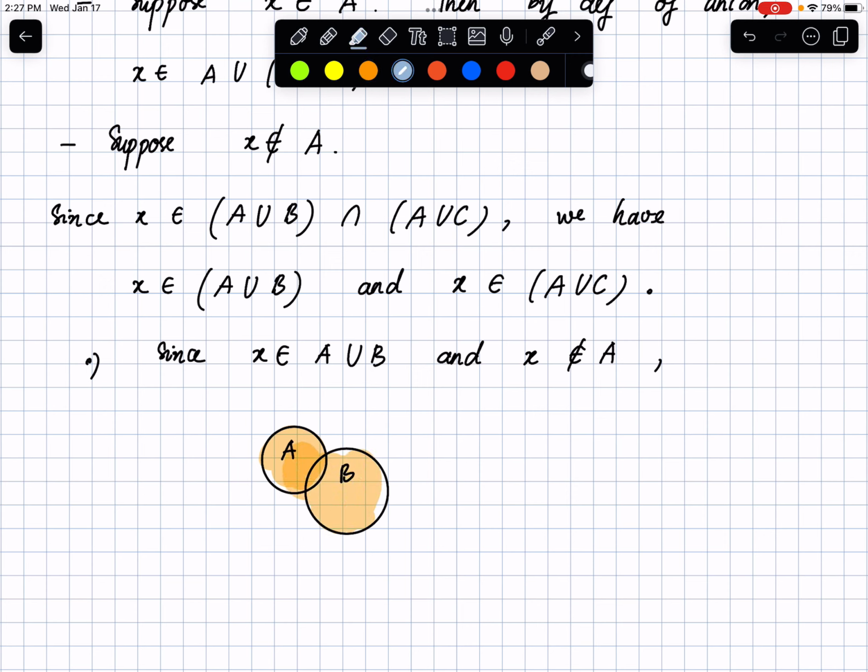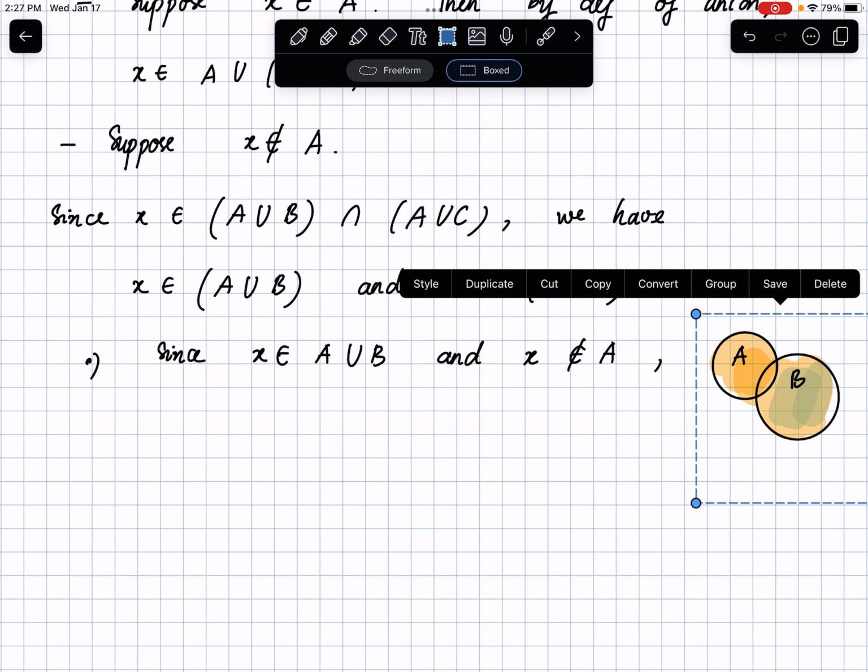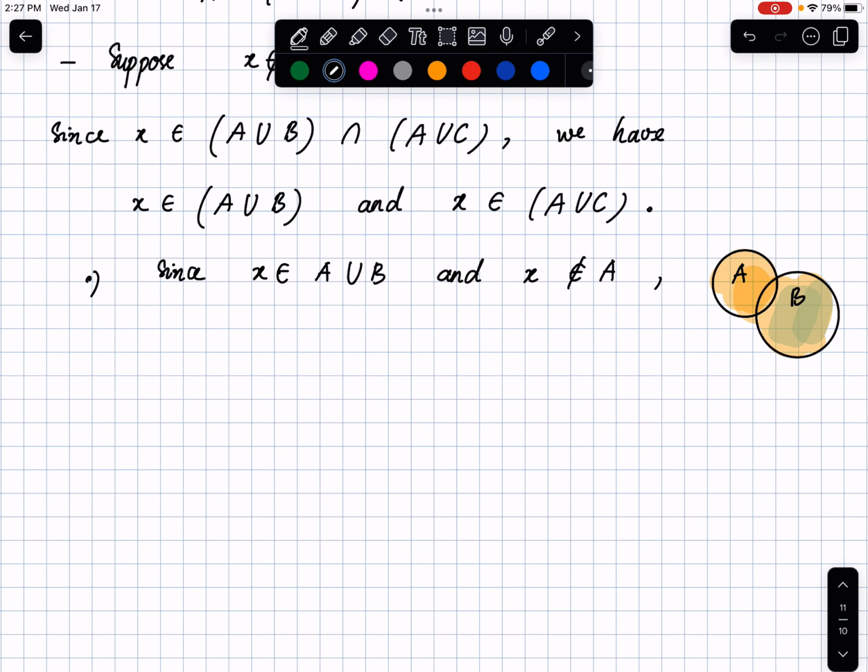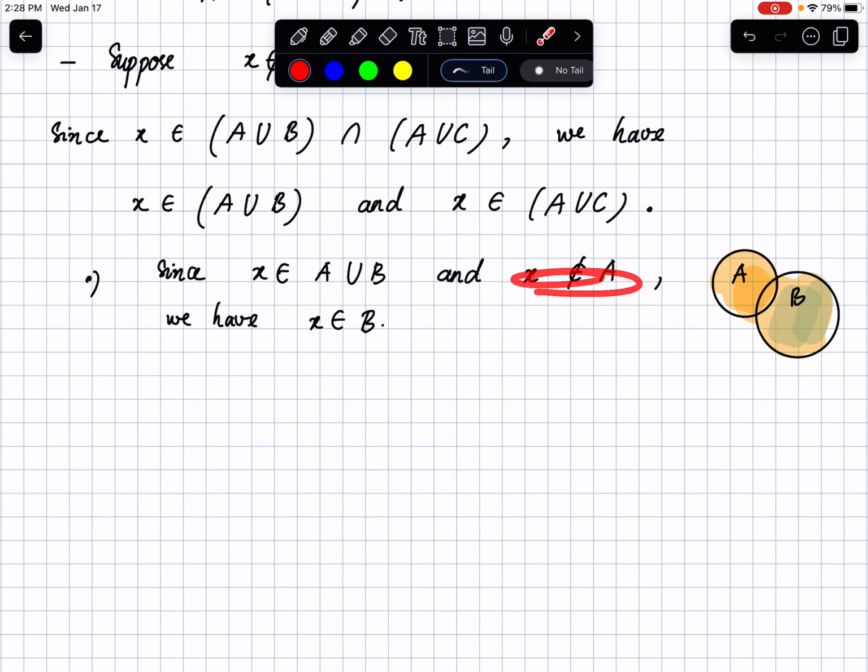Therefore, X must be somewhere there, right? Just picture, X must be an element of B. I hope this is clear enough. X in A union B, but X is not in A. Therefore, X must be in B. Right? Otherwise, it couldn't be inside the union.